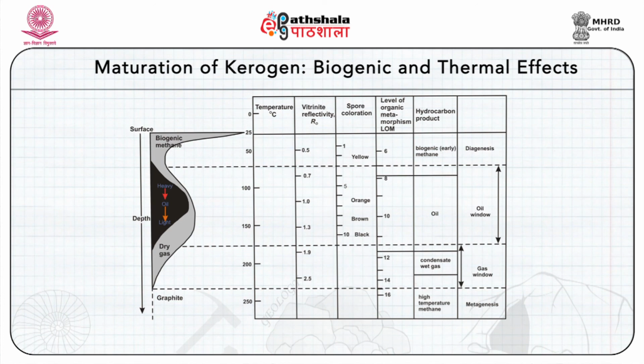And you can see the temperature that represents the different portions, and the vitrinite reflectance, the spore coloration, the level of organic metamorphism, then hydrocarbon, and what the hydrocarbon products are at different stages, that is diagenesis, catagenesis and metagenesis, that we expect, shown in this diagram.